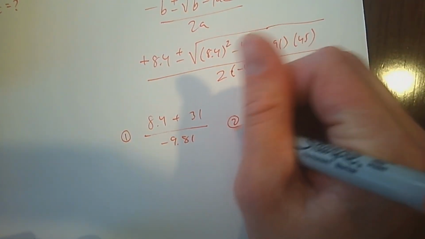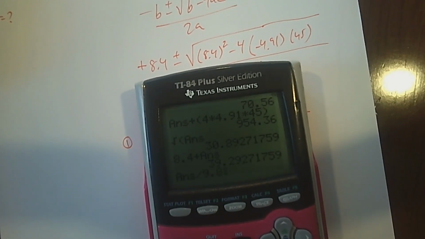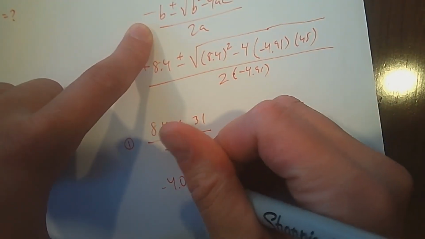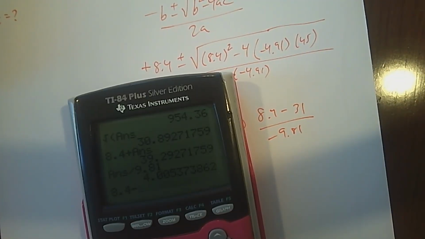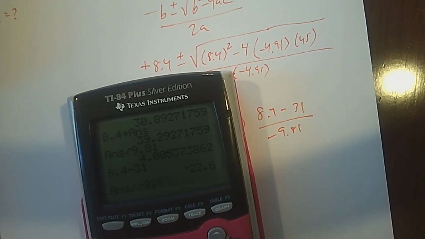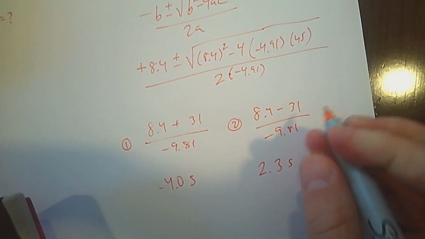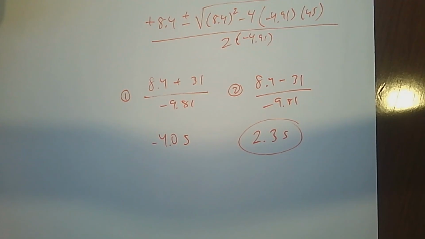So option 1 and option 2. The first gives us negative 4.0, and this is time, so seconds. And our second one, 8.4 minus 31 divided by negative 9.81, gives us positive 2.3 seconds. So our answer would be positive 2.3 seconds.